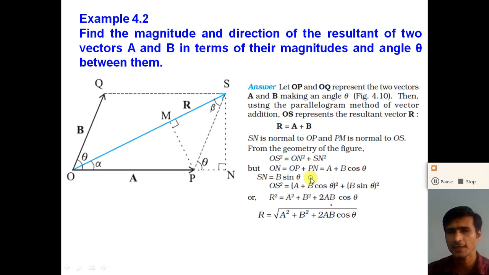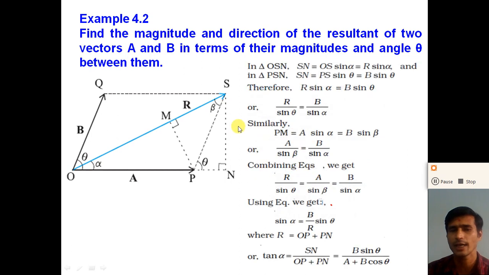Now how can we find the direction, the angle alpha with the vector A? From the geometry of the figure, in the triangle OSN, SN is equal to OS sin alpha, and OS is equal to R, so we get R sin alpha.